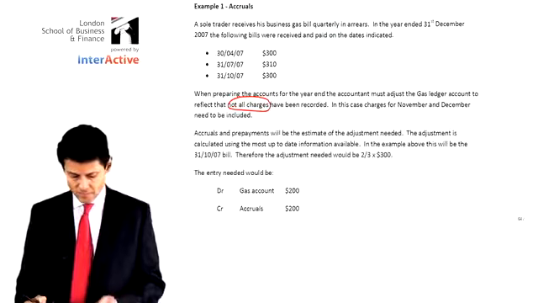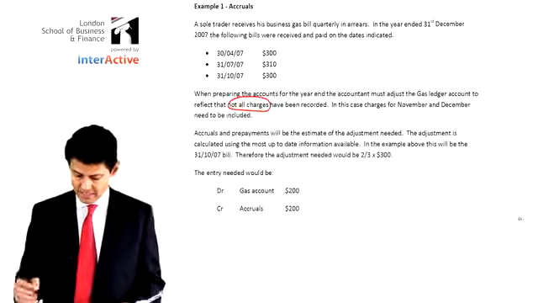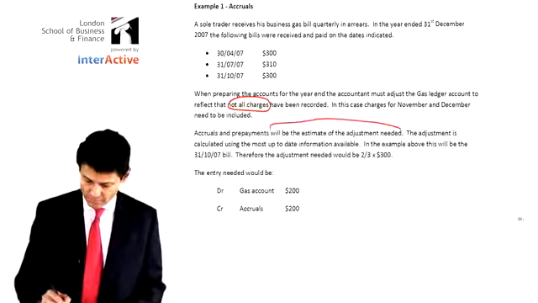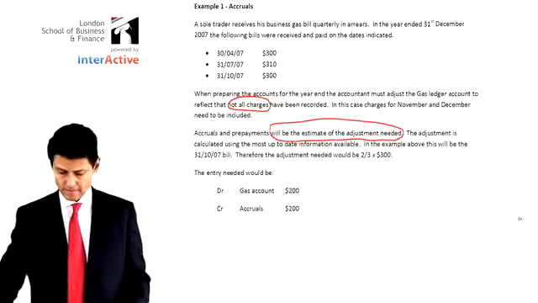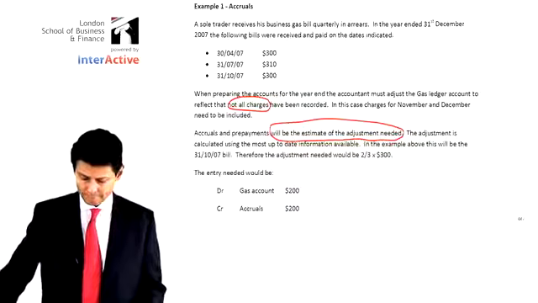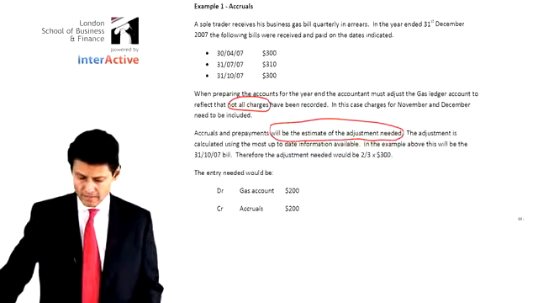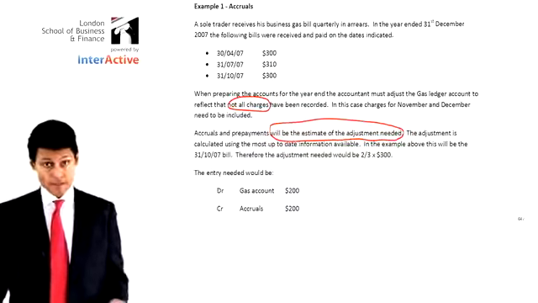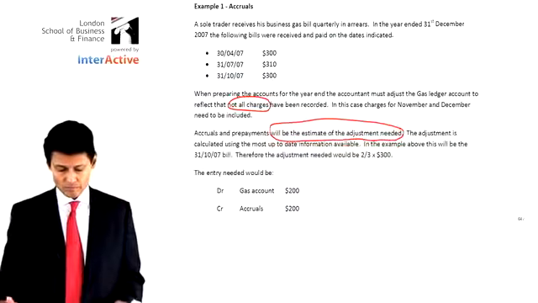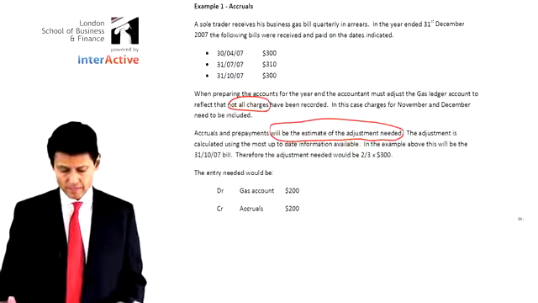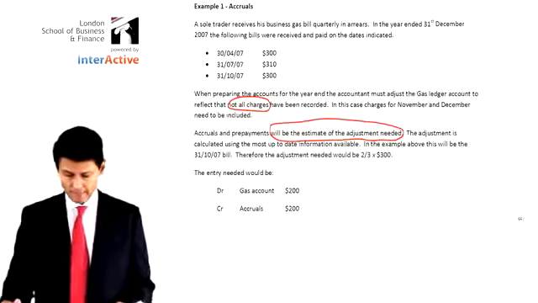The accruals and prepayments will be the estimate of the adjustment needed. So a sole trader is a person operating just by himself, receives his business gas bill quarterly at the end of each quarter.